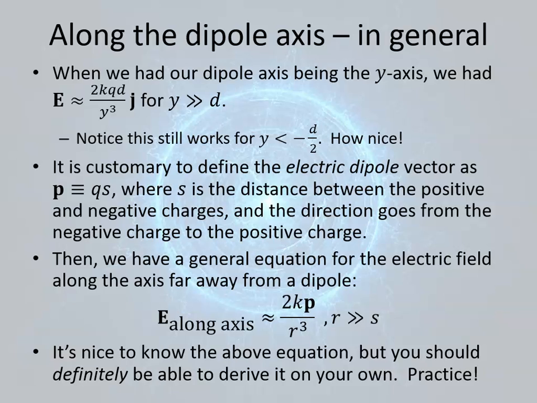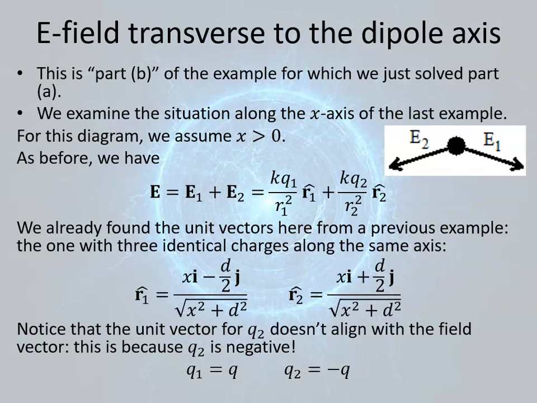Now, you can do the same thing along the axis that is perpendicular to the dipole axis. In other words, the so-called transverse dipole axis. So in that case, let's say you're along the x-axis. In this case, we're going to assume that we are on the positive x-axis.